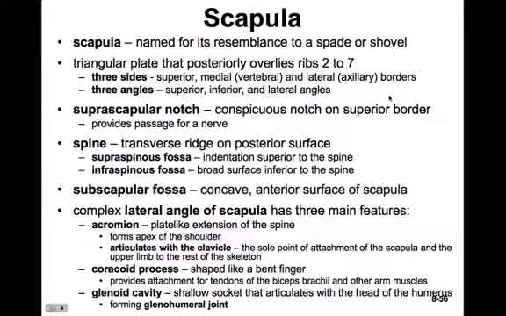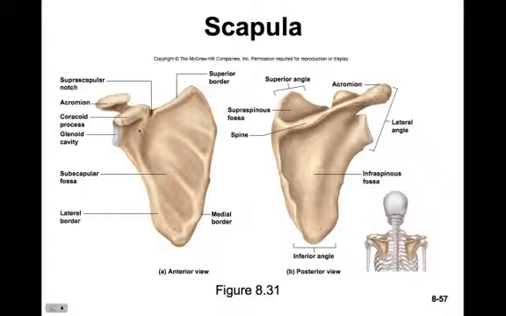It articulates with the clavicle and is the sole point of attachment of the scapula and the upper limb to the rest of the skeleton. The coracoid process is shaped like a little hook, and it acts as the attachment site for tendons of the biceps and other arm muscles.